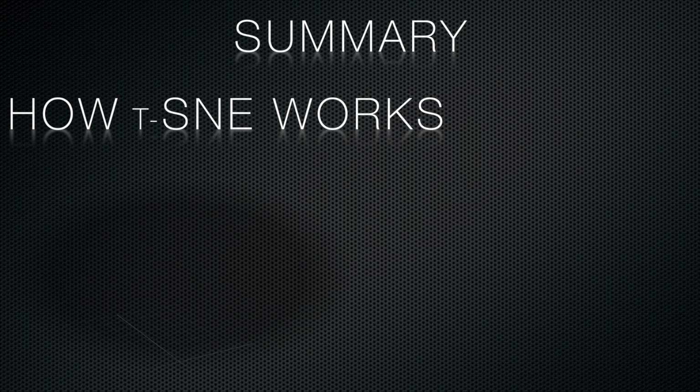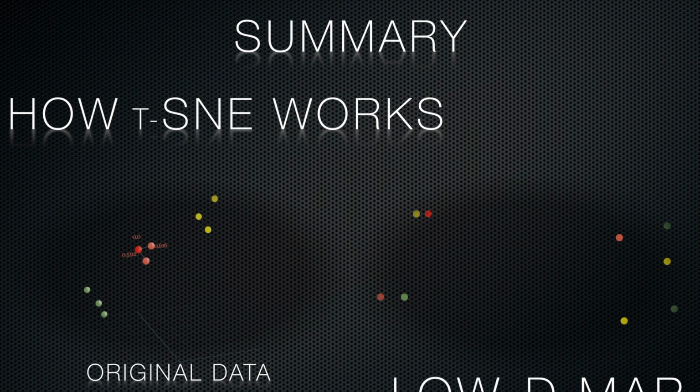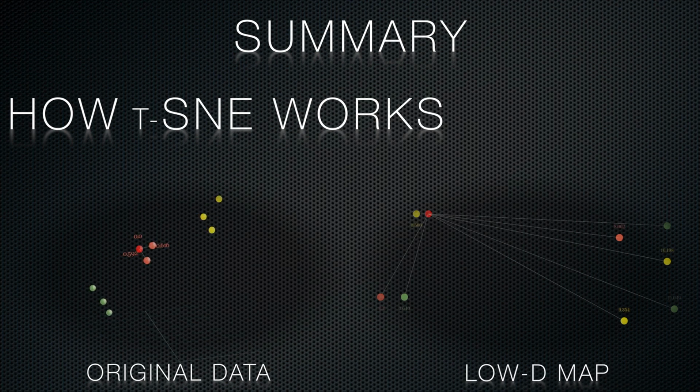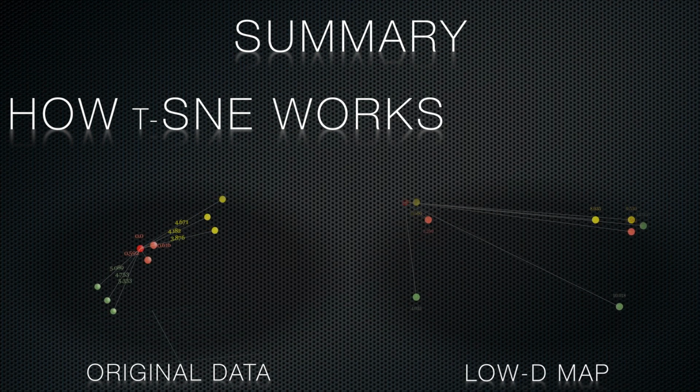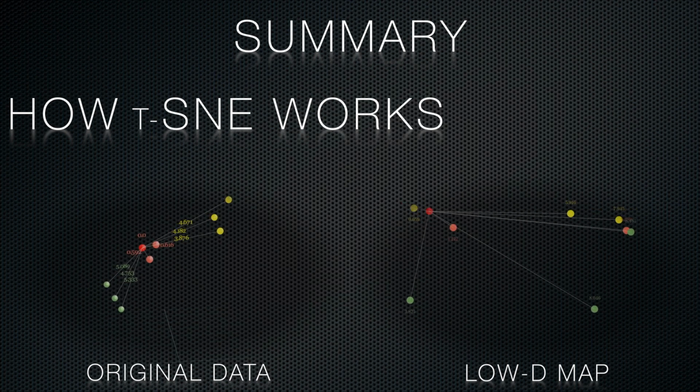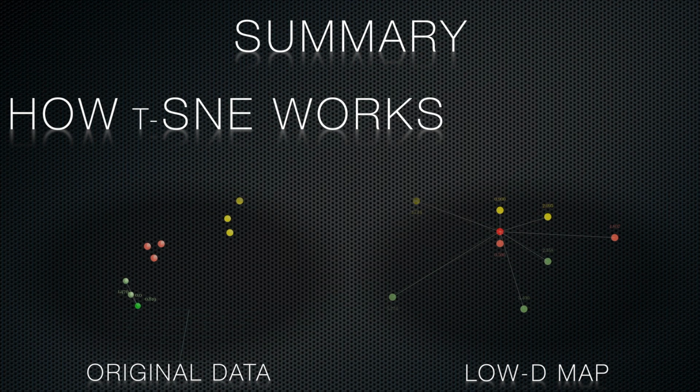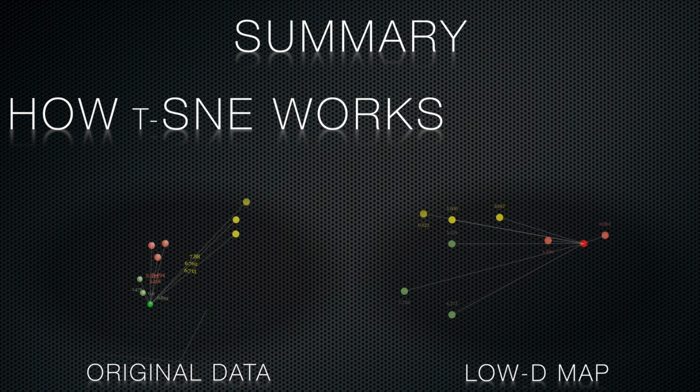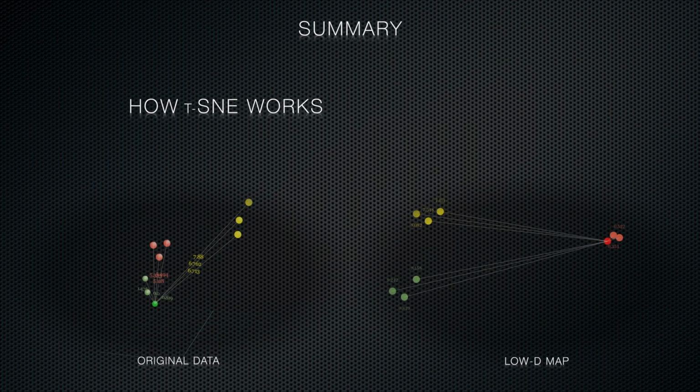We've looked at how the t-SNE algorithm works. It measures distances between pairs of points, assigns a probability to how likely they are to be neighbours, and then normalizes these probabilities. It then uses gradient descent on a 2D map to shuffle points around so that eventually the scaled probabilities in the 2D map are the same, or close enough, to the scaled probabilities of the original data.